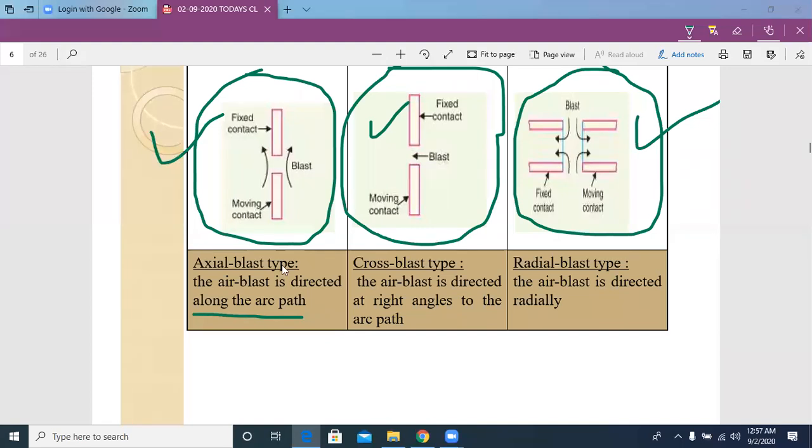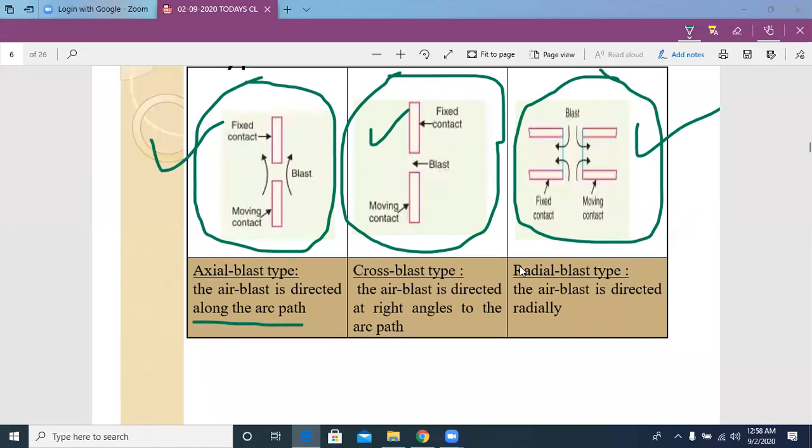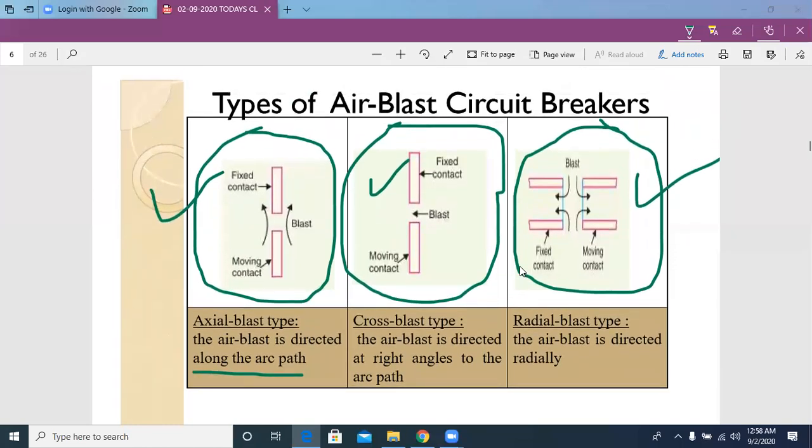When the airflow direction is along the arc path direction, those types of air blast circuit breakers we call axial blast type.